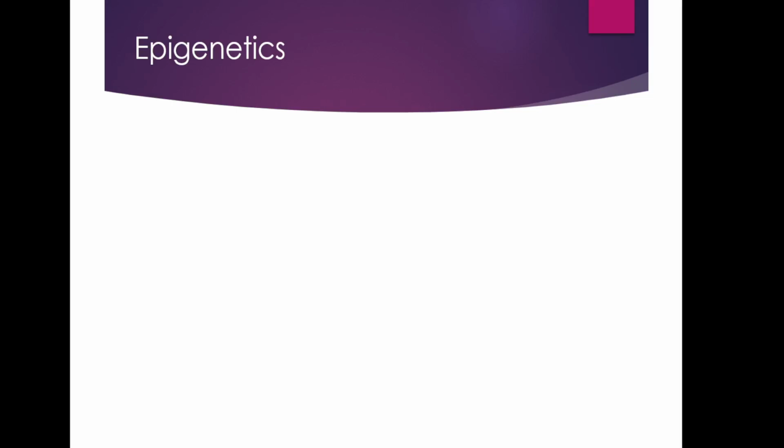All right, we're back. And in this segment, we're going to talk about epigenetics. So, the basic definition of epigenetics is the principle that genes interact with the environment. Back in the dark ages, when I was a college student, this idea was just a brand new idea.